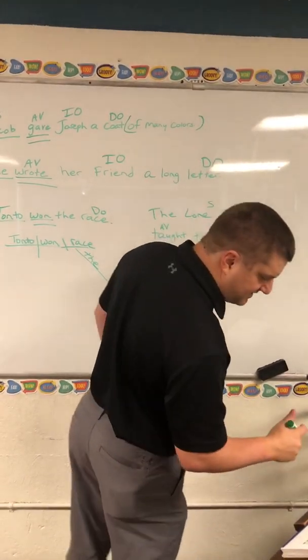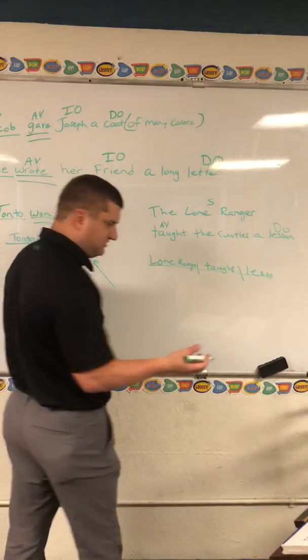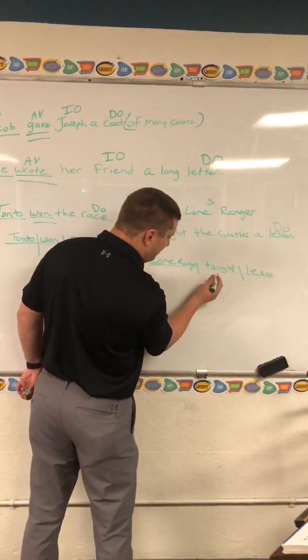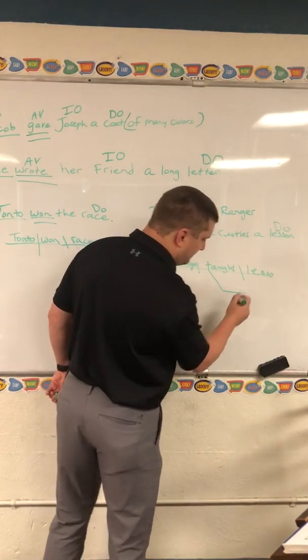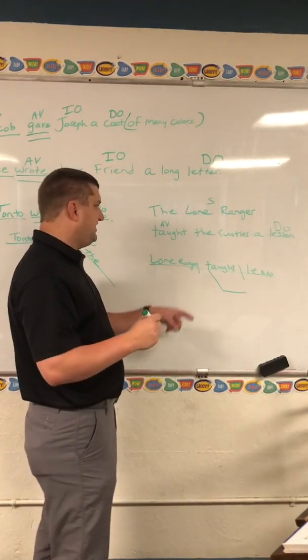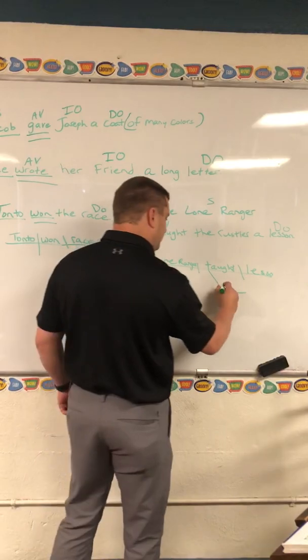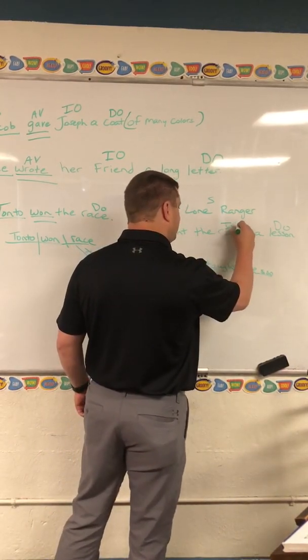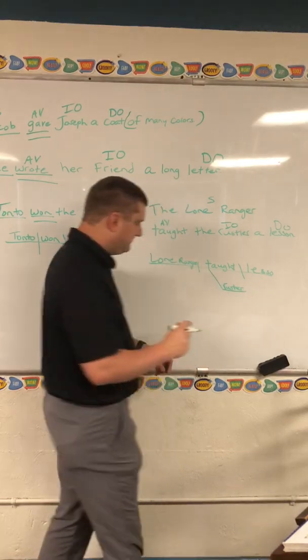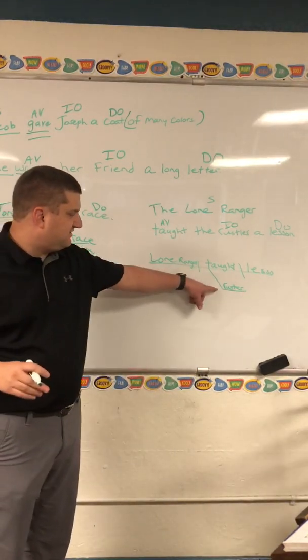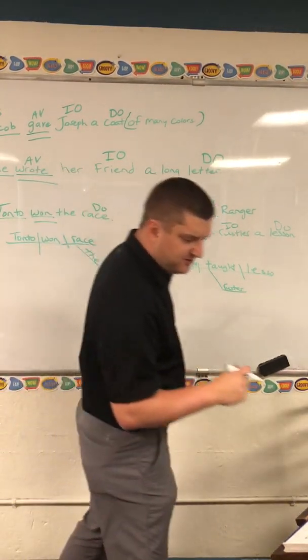When you're doing an indirect object, it's kind of like a preposition, how we did the diagonal, then the straight line. Who did he teach? He taught the rustler, so rustler is your indirect object, and it goes on the straight horizontal line underneath the verb.